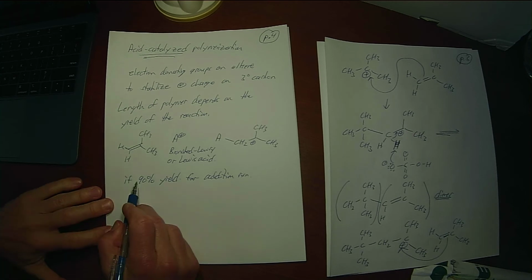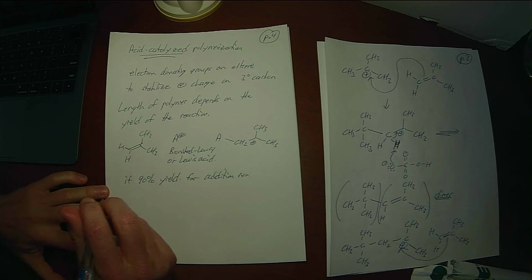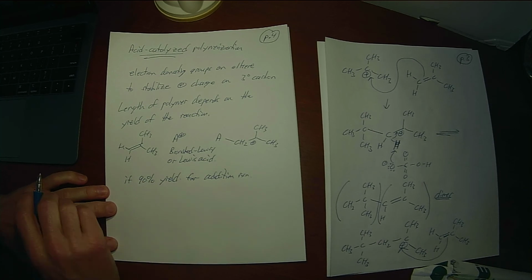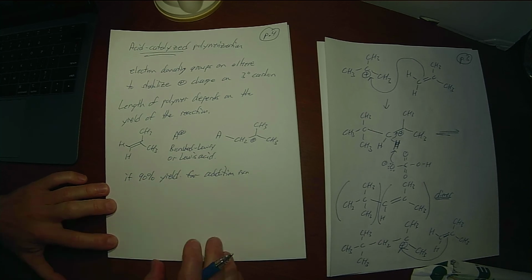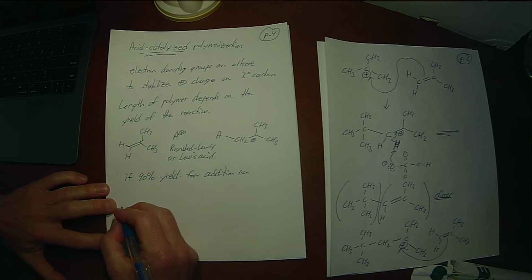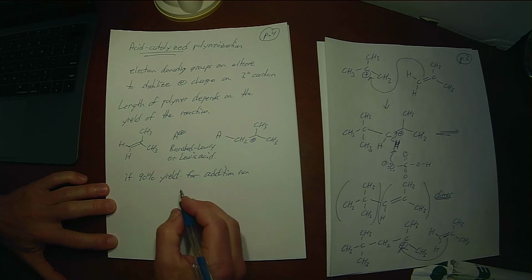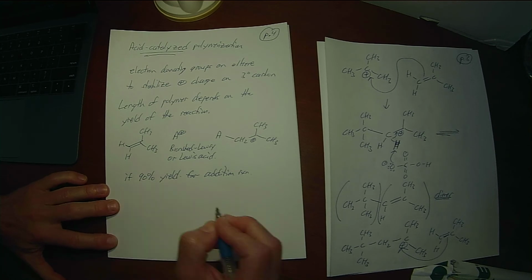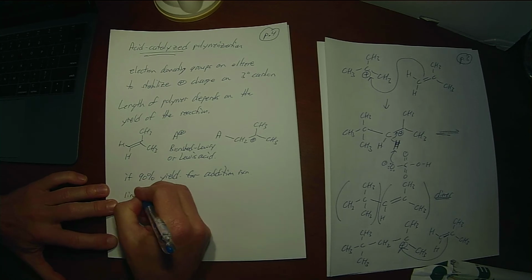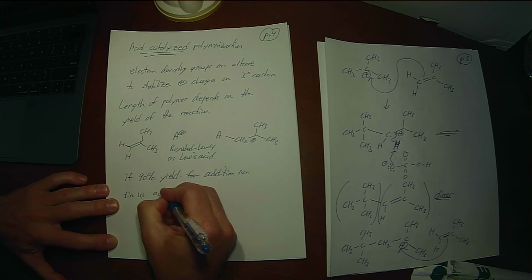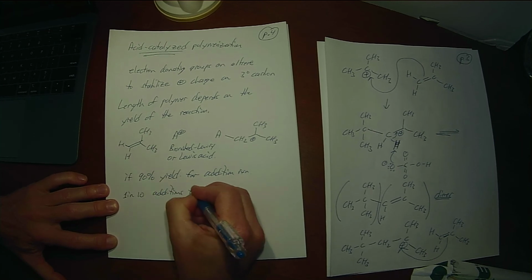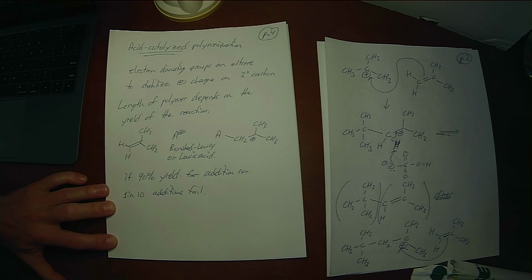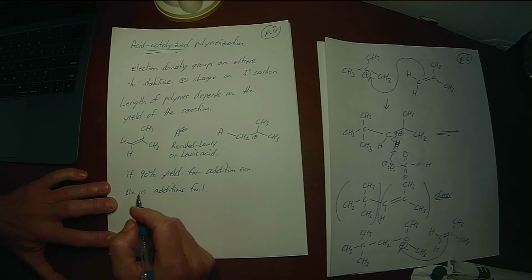So if I say something's a 90% yield, right, and I do 10 reactions, how many of them work? 9. So how many fail? 1. So 1 in 10 reactions fails, right? If 1 in 10 additions fail, what's the maximum length of polymer?